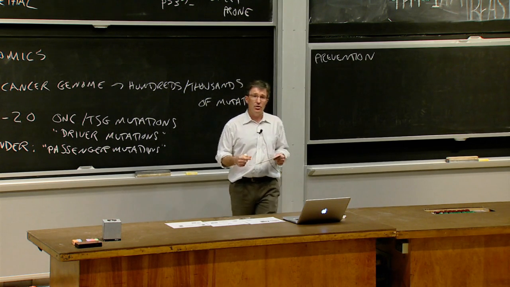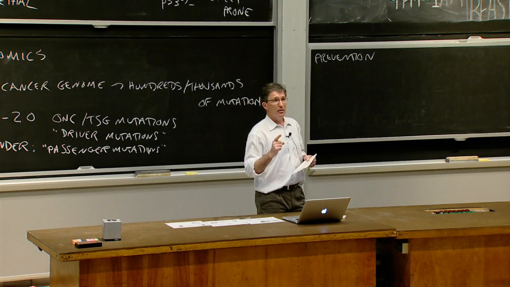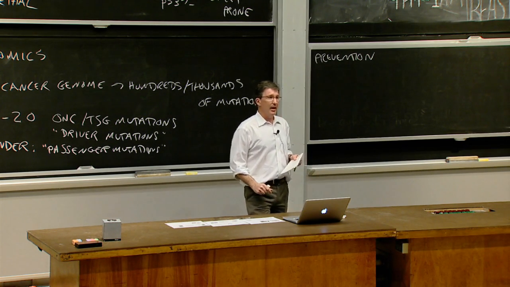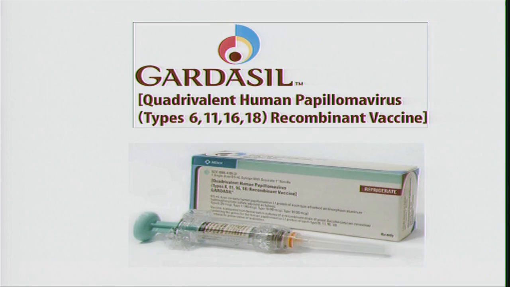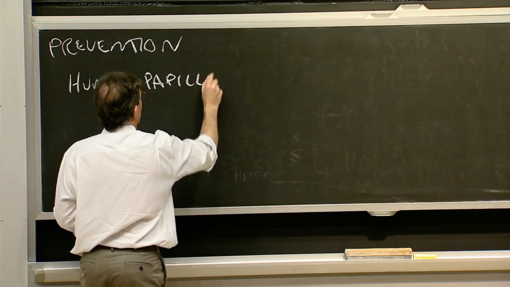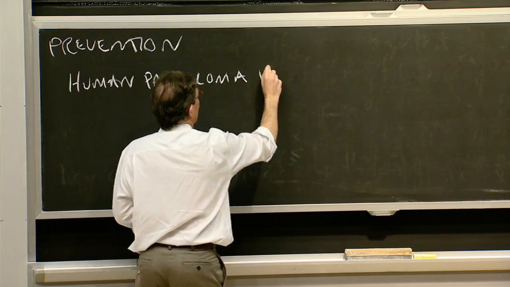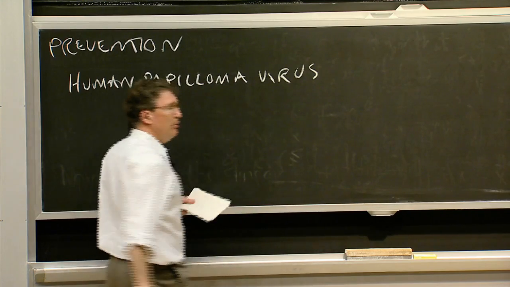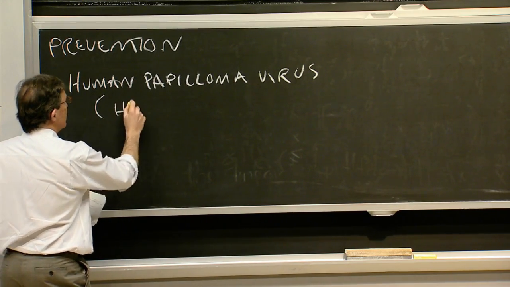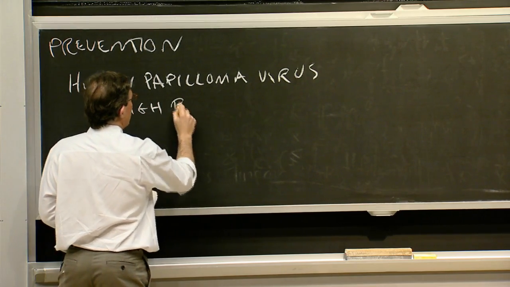There's also ways to prevent agents from producing cancer in your body, and the best example of that is Gardasil. Gardasil is an example of cancer prevention involving a particular virus, human papillomavirus, and specifically human papillomaviruses which are described as the high-risk type.